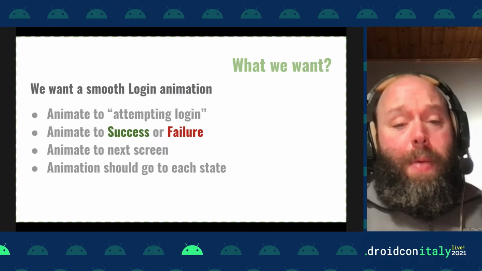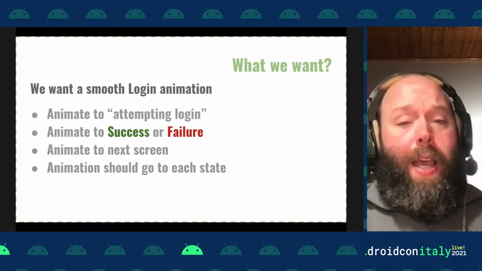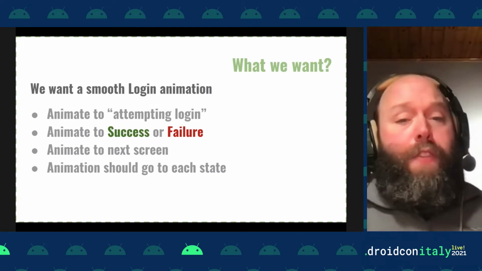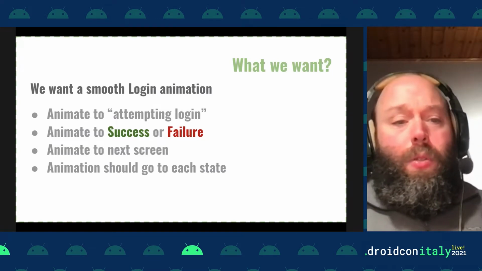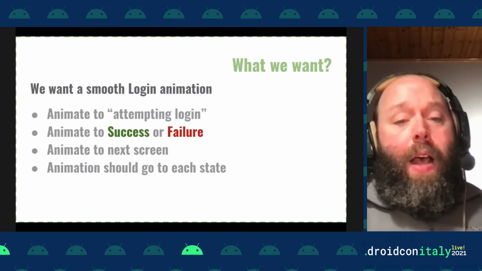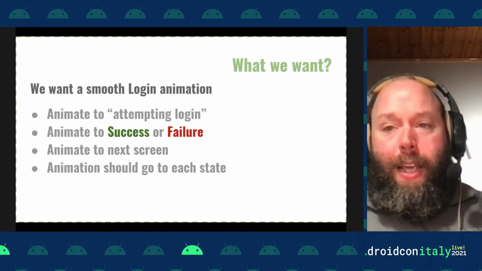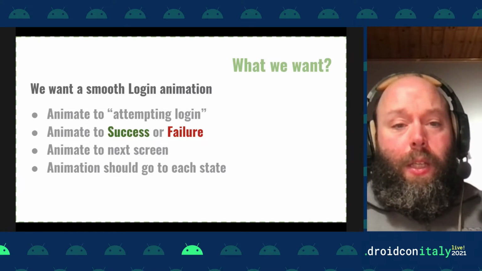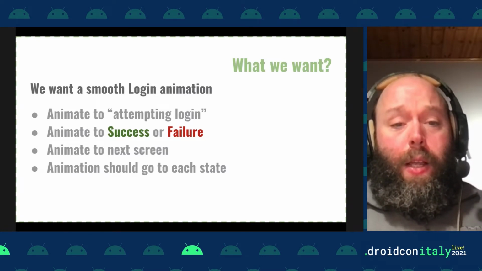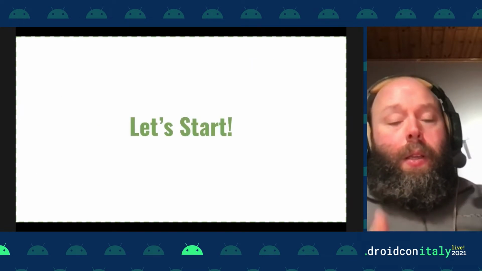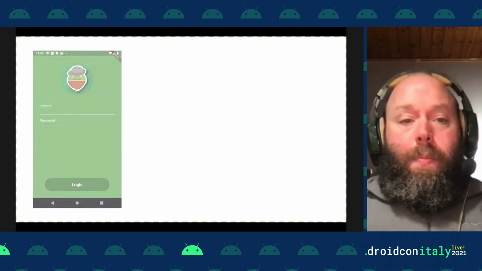And all those animations need to be able to revert to any state, because for example, after a failure I may want to go back to the login attempt stage, and after I navigated to the next page, I may instead need to go back to the login, for example after a logout. Let's see how we can do that.